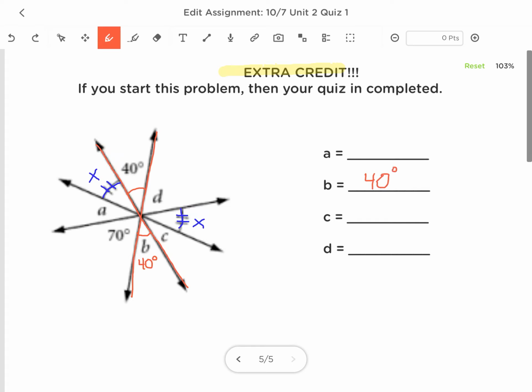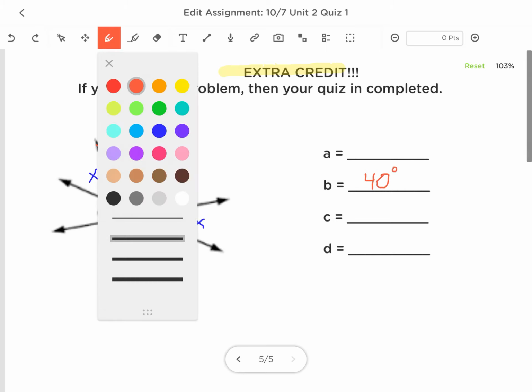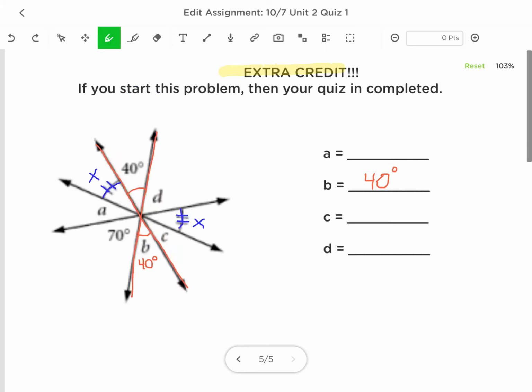Now, let's see. We know that another angle is 70 degrees. If I highlight these lines here in green, you can see that 70 degrees would be vertical angles with D. So that means that those are going to be equal to each other.